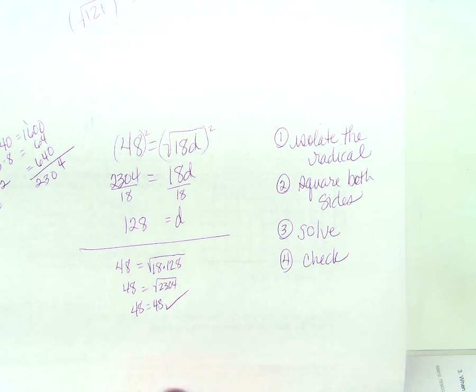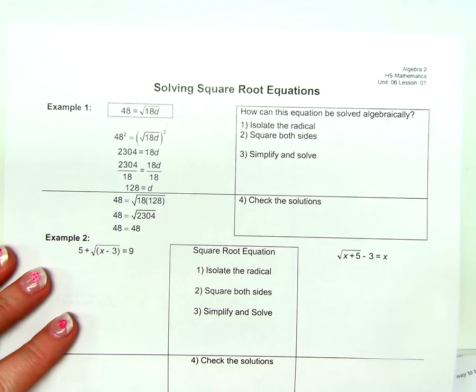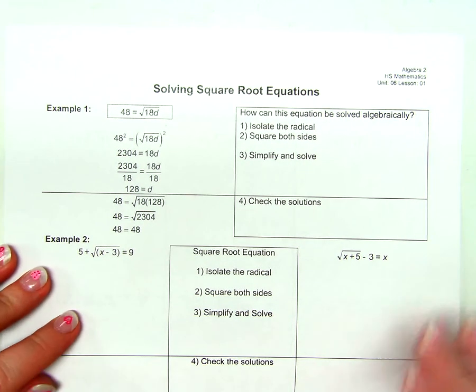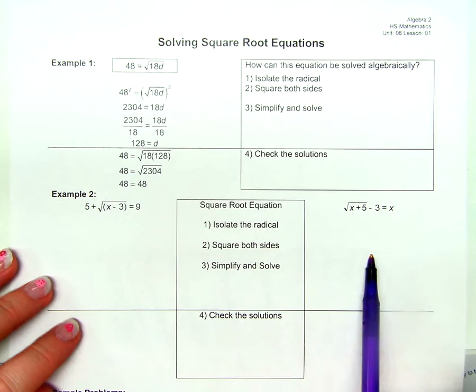Okay? Look at your other page, please. So the first example that we just did is right here. Okay? So let's do these 2 examples right here and right here.